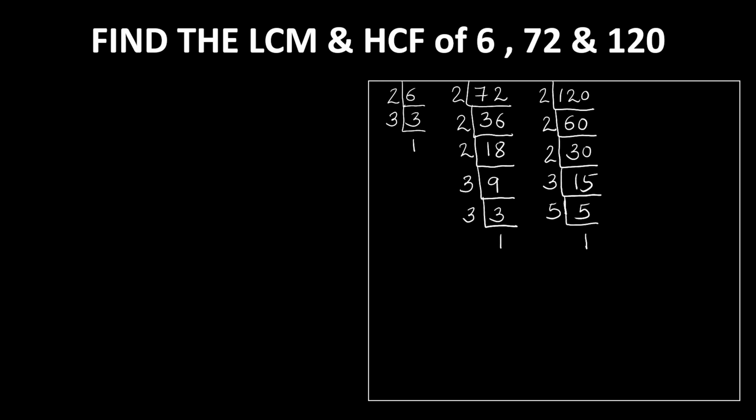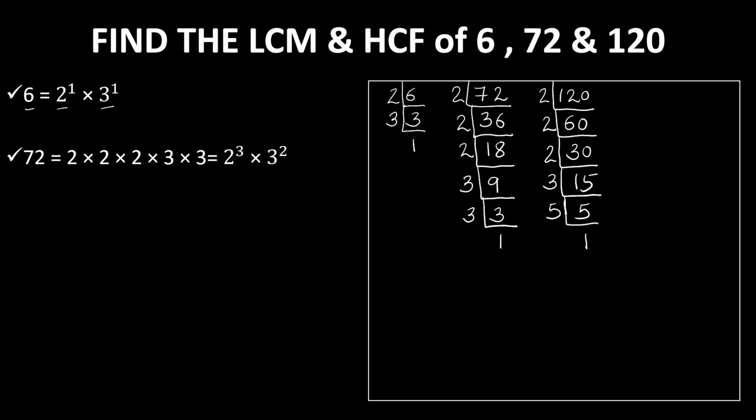Now let's write down these numbers as a product of their prime factors. First of all, we will be writing 6 as 2 raised to 1 into 3 raised to 1, which is 2 into 3. Then we are writing 72 as the product of its prime factors: 2 into 2 into 2 into 3 into 3, which can be written as 2 raised to 3 into 3 raised to 2.